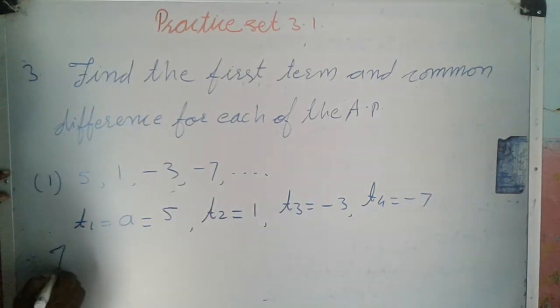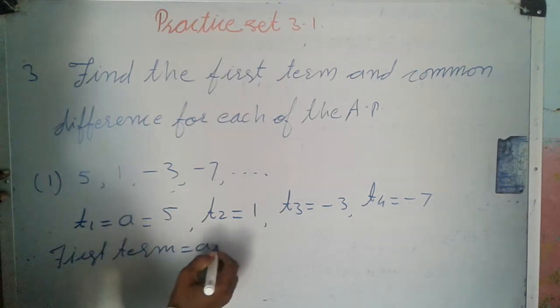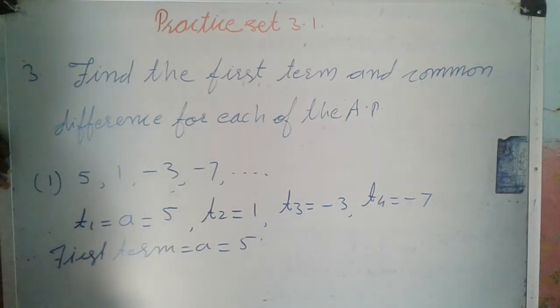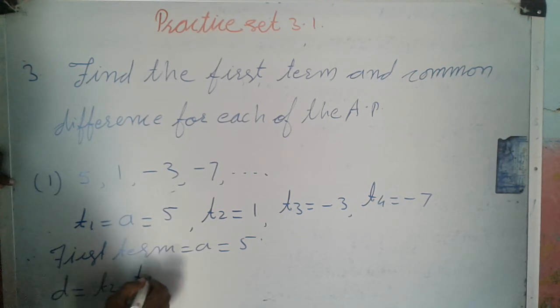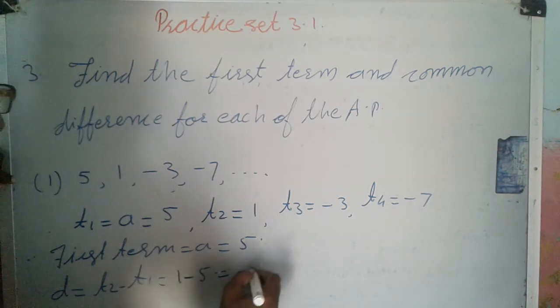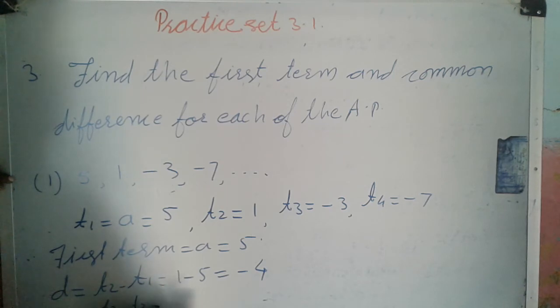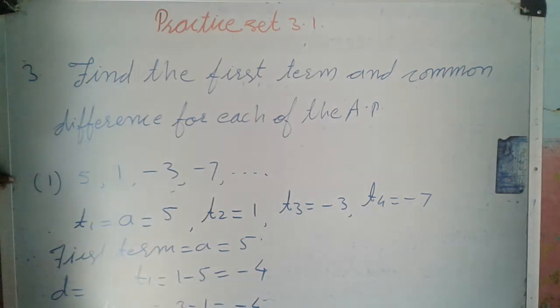That means here first term 5. Now the common difference. T2 minus T1, 1 minus 5, minus 4. Or if you take T3 minus T2, minus 3 minus 1, minus 4.